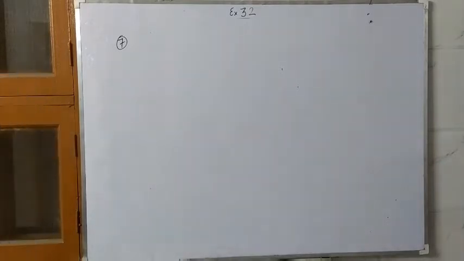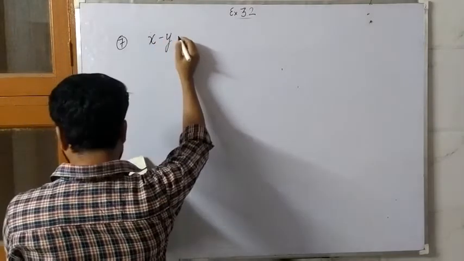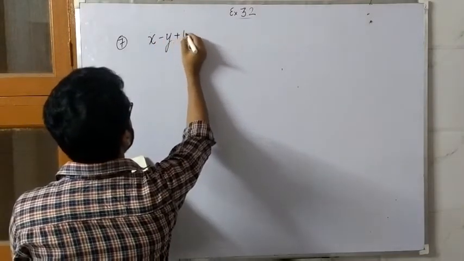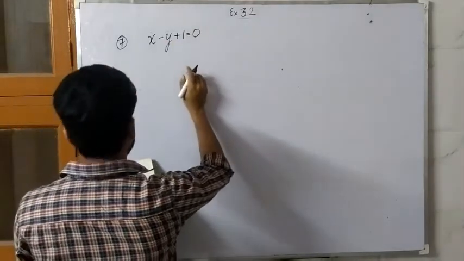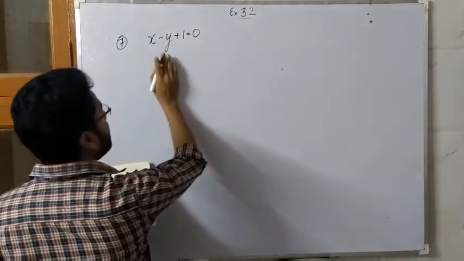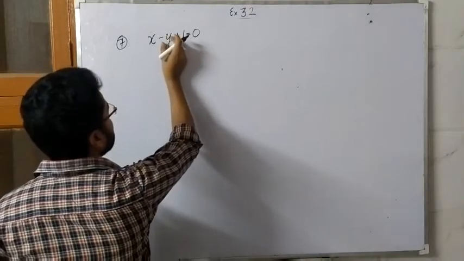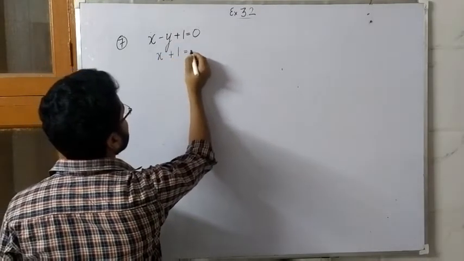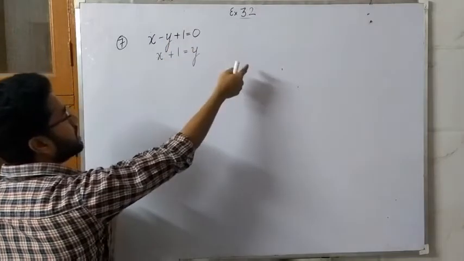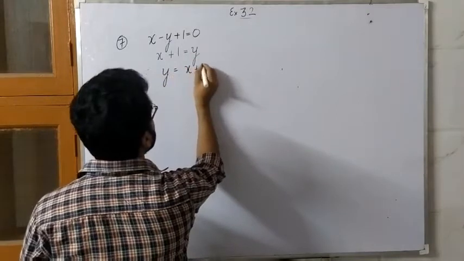So what are the two equations? The given two equations are x minus y plus 1 equals to 0, right? The first equation is this, and second equation, so we will find from here y in terms of x, right? So first of all shift this y that side, so this shall be x plus 1 equals to y, minus का ठीक है उधर जाके plus का हो गया.